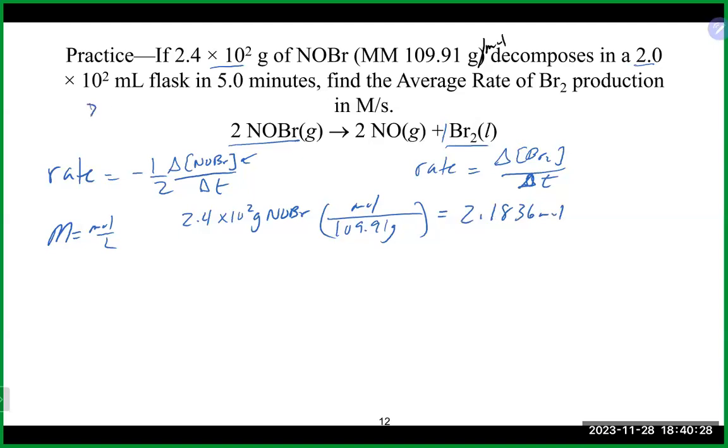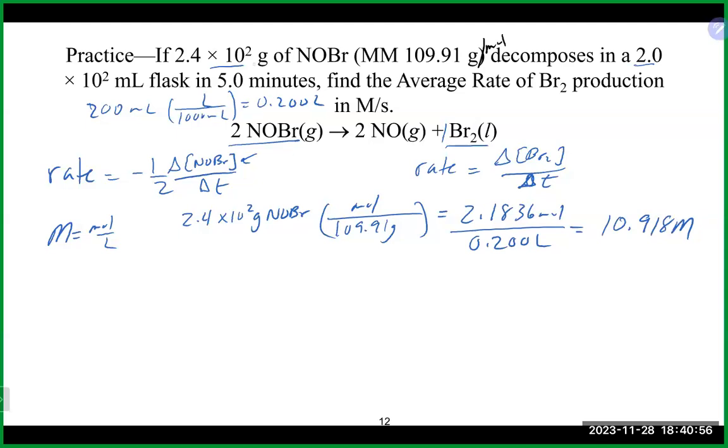We have it in a 200 milliliter flask, which converted to liters is 0.2 liters. So I'm going to divide that by 0.2 liters, and that gives me my molarity. We get 10.918 molar. That's really the concentration that we've got going on.